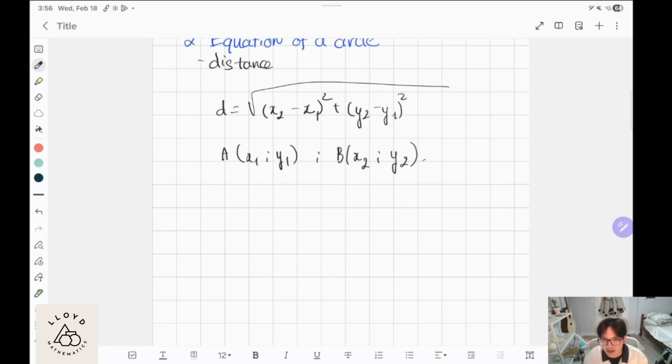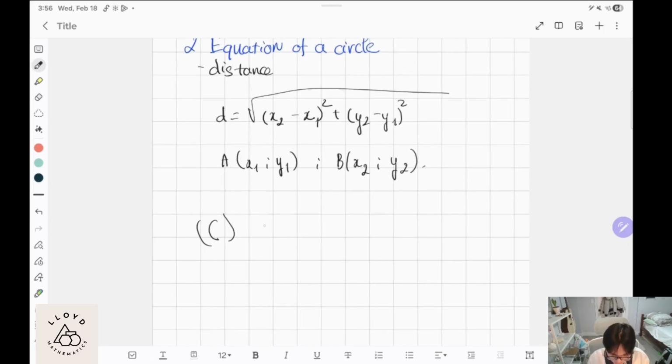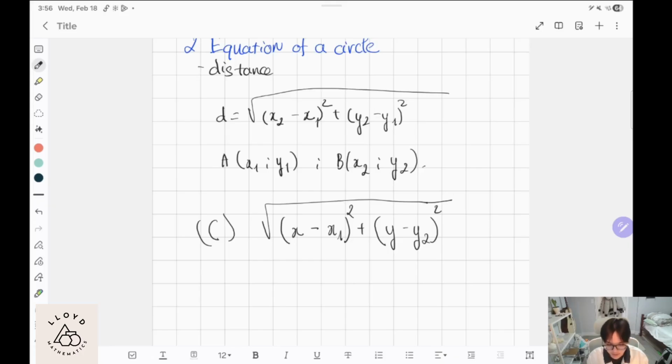It's just like how we imagine a circle. We need to write the distance equation first: x minus x1, where x1 is the coordinate of A, plus y minus y1. A is the center point right here, and the distance here needs to be the radius, right?